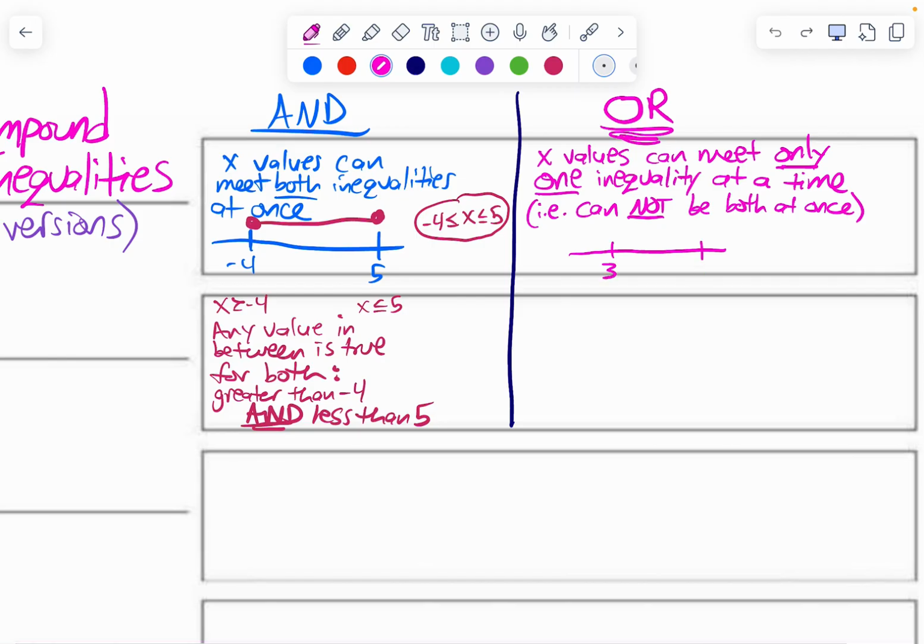Actually, I'm going to use the same numbers, -4 and +5, and we're going in opposite directions this time. So x is less than or equal to -4. X is greater than or equal to +5.